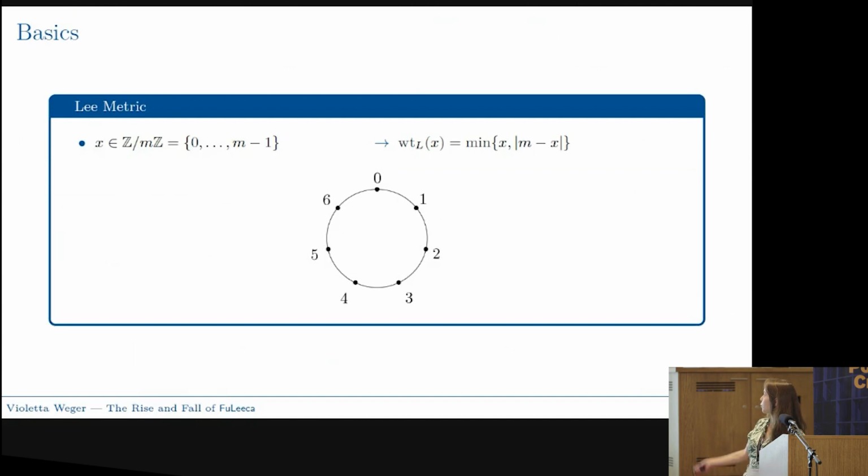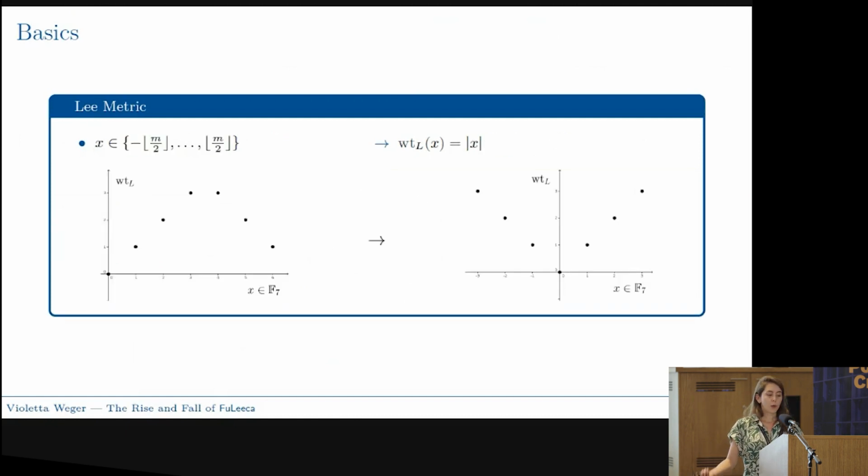So most people like to represent it with this circle. This is F7, and then the Lie weight would be the shortest path that you need through this circle to reach 0. For example, 2 and 5 have Lie weight 2, and 3 and 4 have Lie weight 3. What you can also do is consider a more balanced representation, so between minus m/2 and m/2, because then all the Lie weight does is take the absolute value.